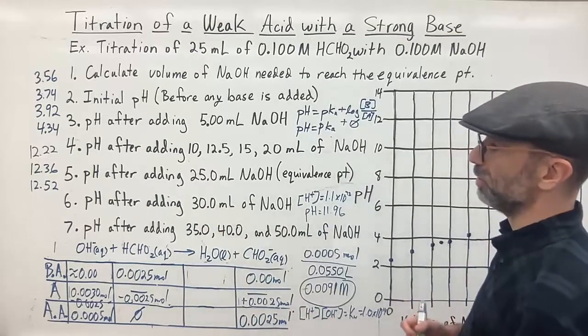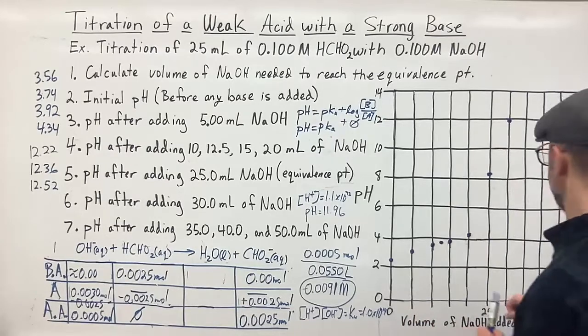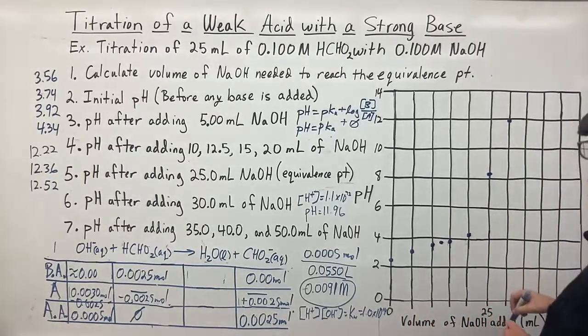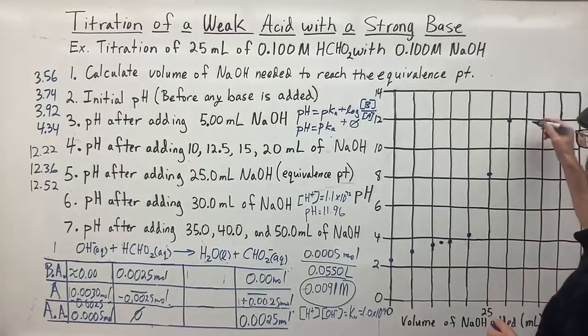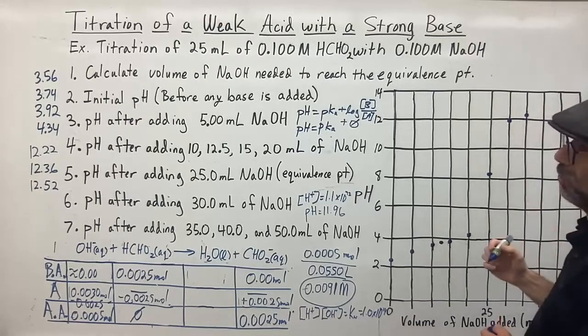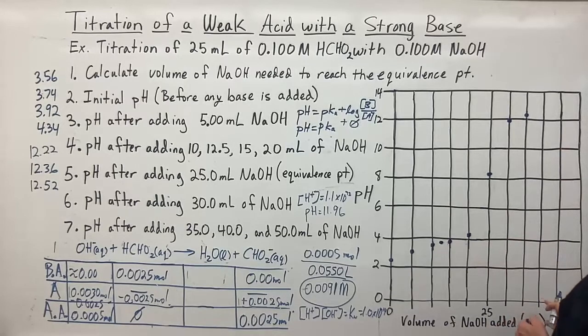And so let's plot that on our graph. So we have 12.22 at 35, so that's about here. And then we have 12.36 at 40 milliliters, so that would be here.